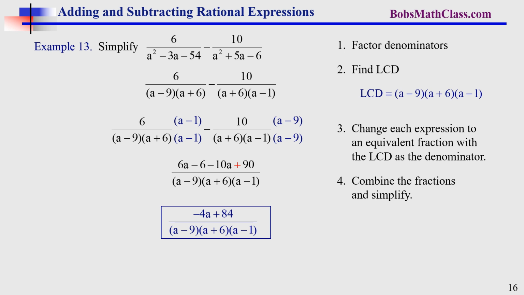We can factor out a negative 4 from the numerator, but that'll give you an a minus 21. And then that won't cancel with any factor in the denominator. If it was like a negative 4a plus 36, okay, then maybe something cancels. But this is it.